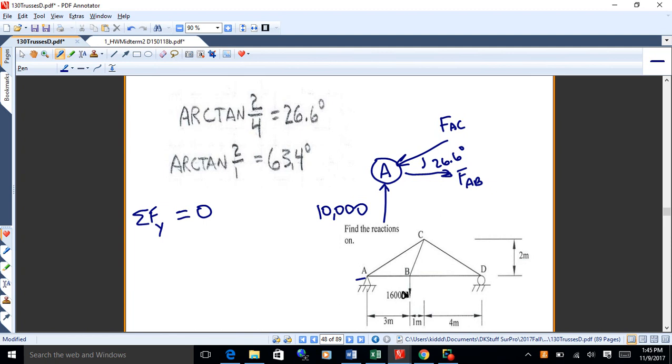Once you know FAC, then you can get FAB. Okay, let's start with sum of FY to get FAC. So what, 10,000? Is it 22,300 and some? 22,300, something like that.